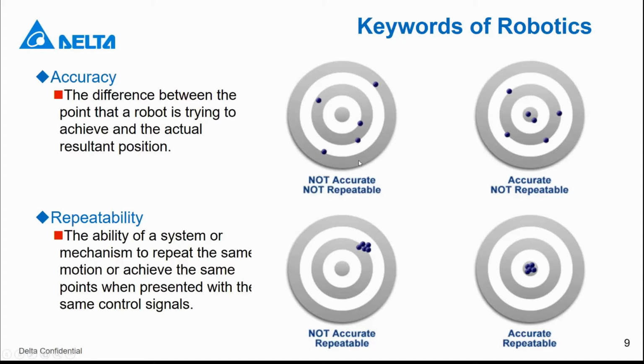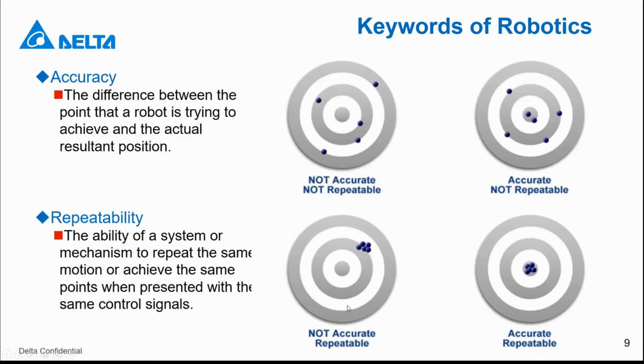So we will say this robot is not accurate, and also not repeatable. Let's see the second picture. You can see some blue dots are already on the target, but not all of them. Some are still outside the target. Then we will say this robot is accurate because it has reached the exact middle at some points, but not all of them. So it's not repeatable.